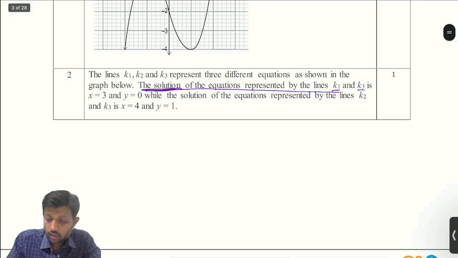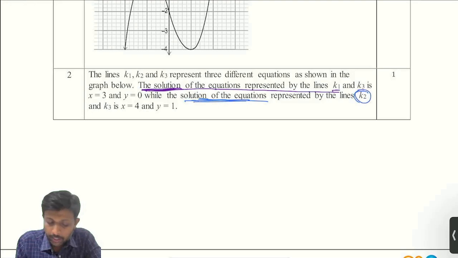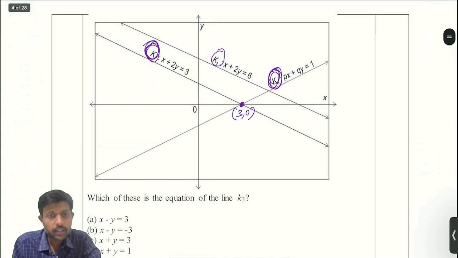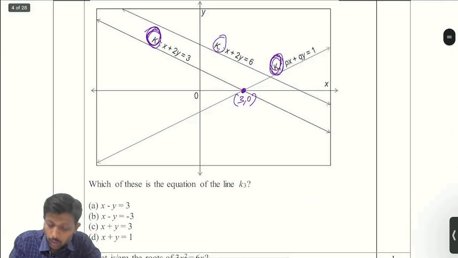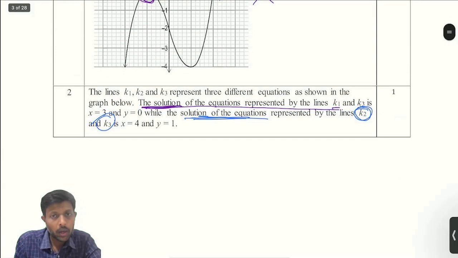Also, there's some more information given. The solution of the equation K2 and K3, that's 4, 1. K2 and K3, let's look at K2 and K3. This is K2 and this is K3. So their solution would be this. This solution is 4, 1, right?